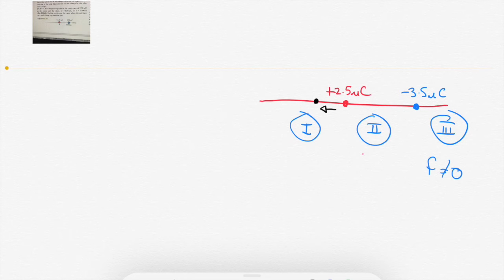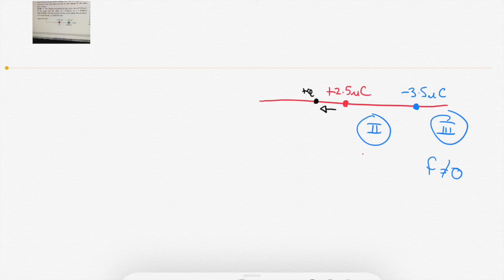And the 3.5 microcoulomb charge over the other side is pulling it towards us. Now it's got a bigger charge, but it's much further away. And the idea is that there's going to be a balance point somewhere where our plus q feels no net force. So the force from the repulsion by the positive charge and the attraction to the negative charge is equal.